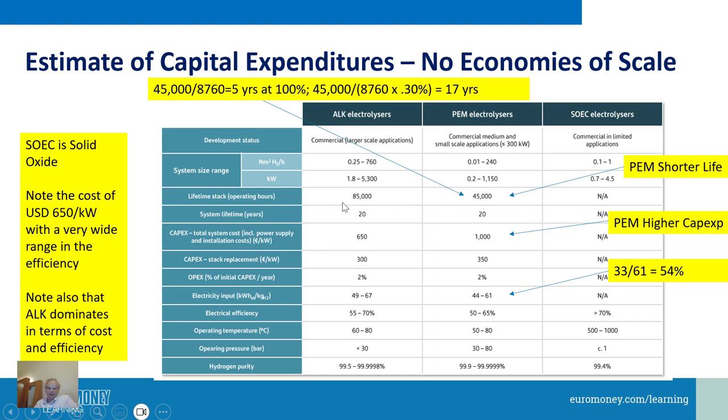If you have an 85,000 stack life, I used to get obsessed. Now that means alkaline is better. And by the way, alkaline costs less. Alkaline has a better efficiency. Is that right? No, this is the efficiency down here. Maybe PEM has a little bit better efficiency.